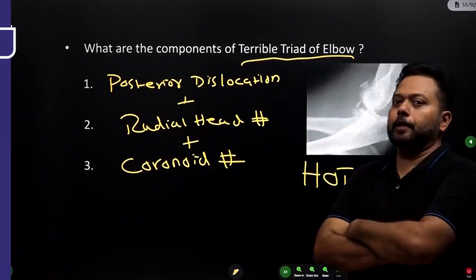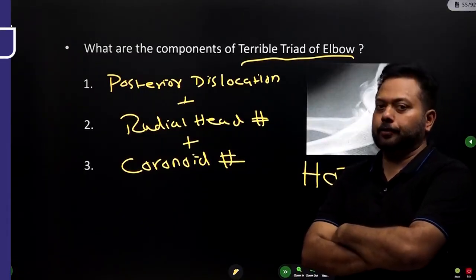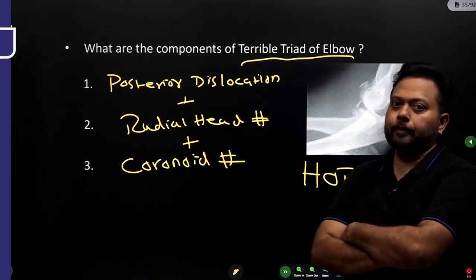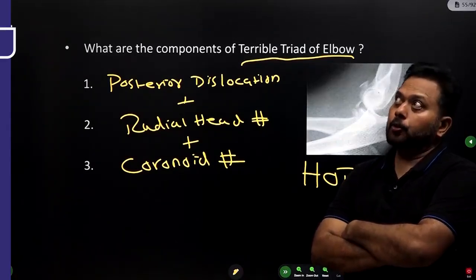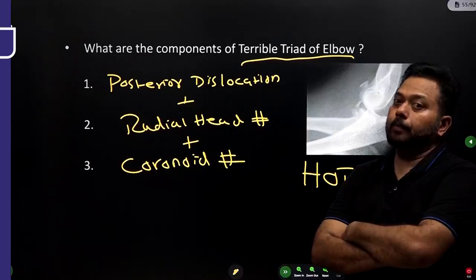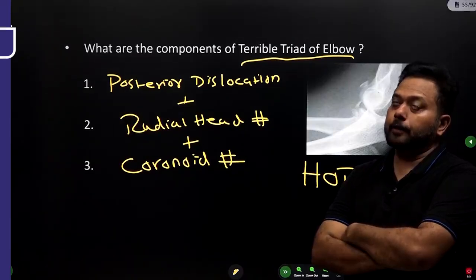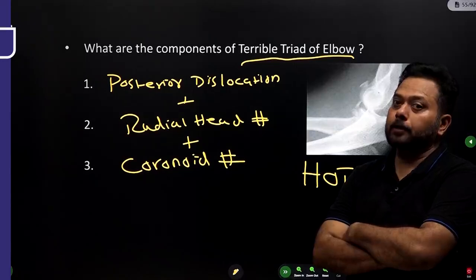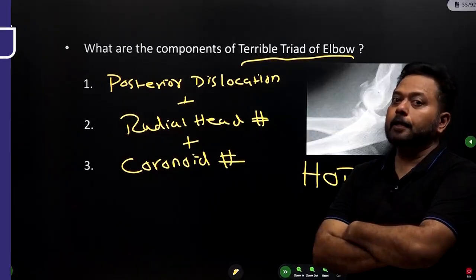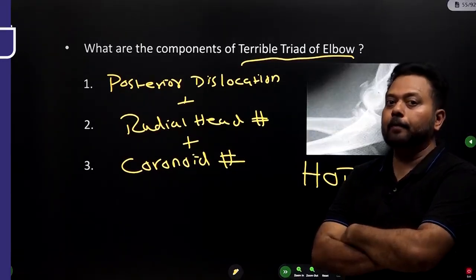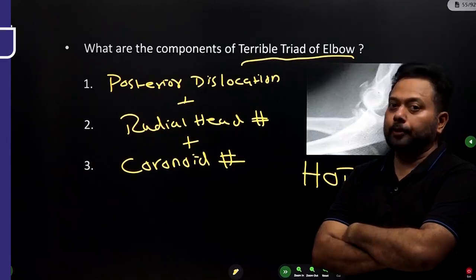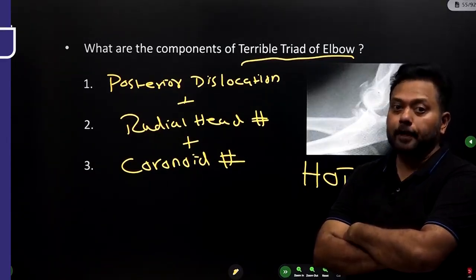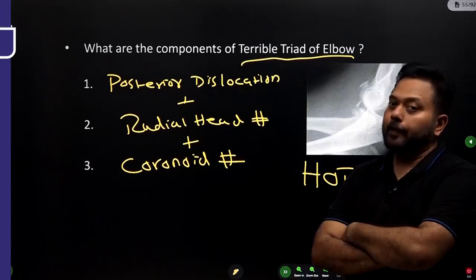So there are 3 terrible triads in orthopedics, dear friends. Terrible triad of shoulder doesn't have any name. Whenever the patient has a Bankart's lesion plus a Hill-Sachs lesion plus erosion of the anterior glenoid rim, that is called terrible triad of shoulder. When there is posterior dislocation plus coronoid fracture plus radial head fracture, that is called terrible triad of elbow.